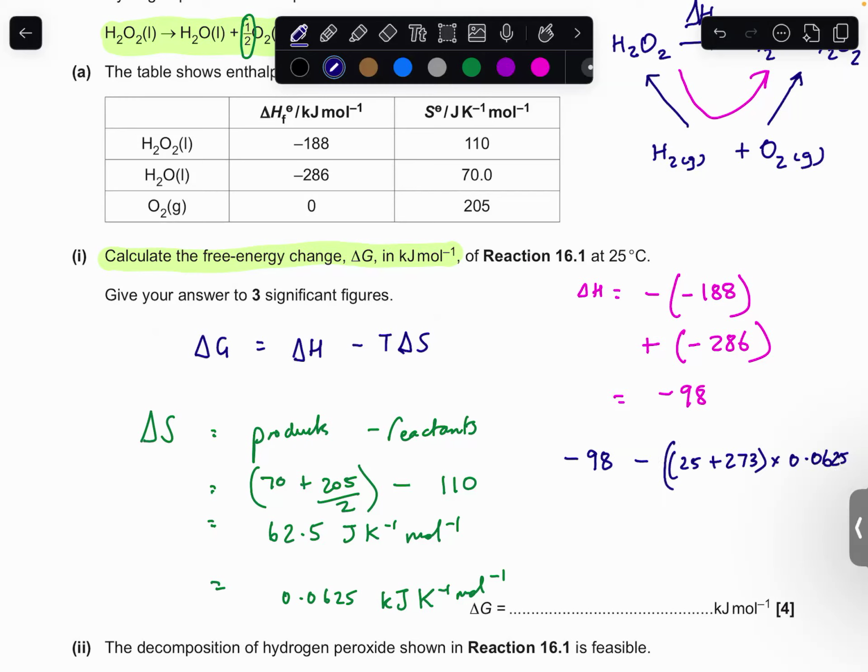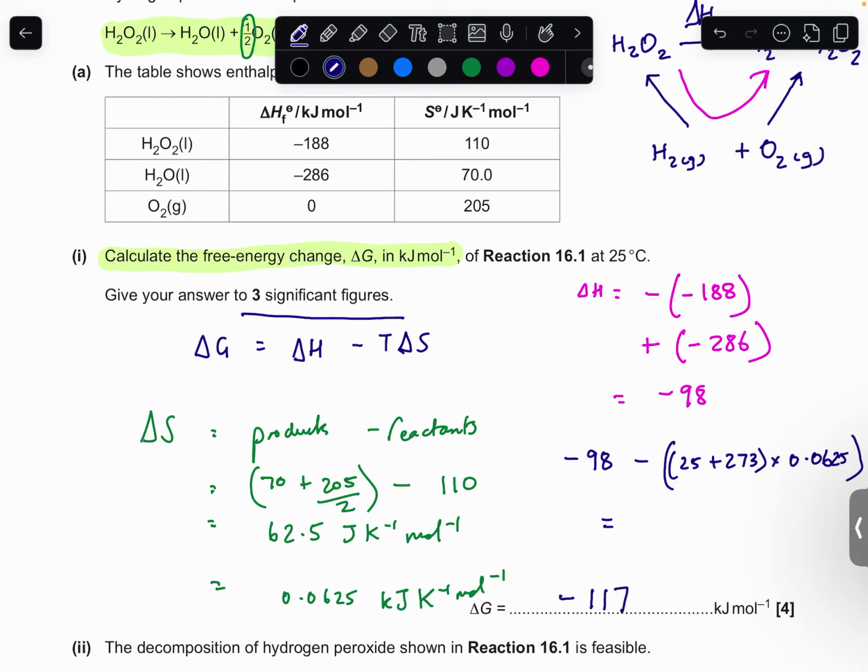We use double brackets, and that gives us, they want it to 3 significant figures, minus 117.